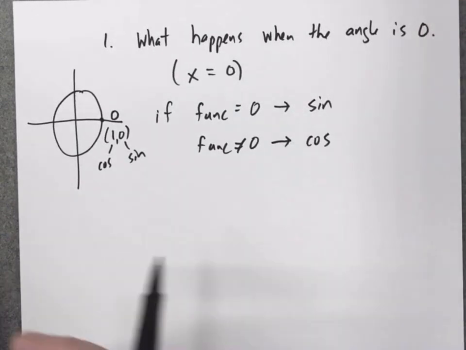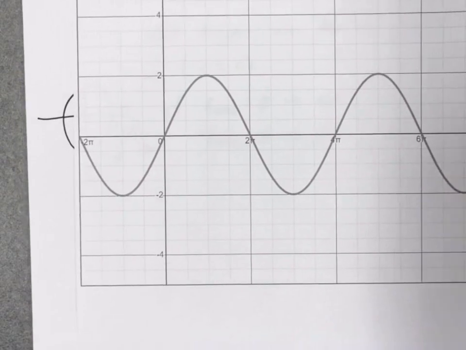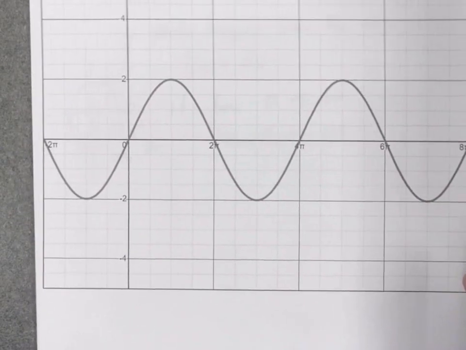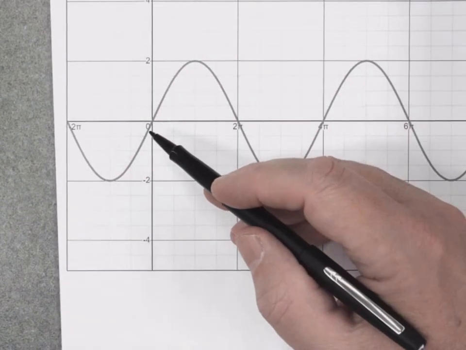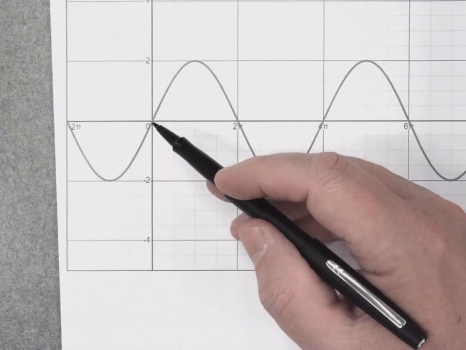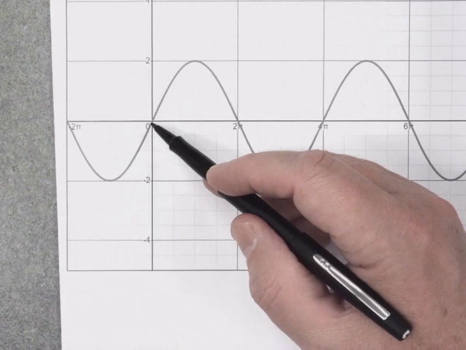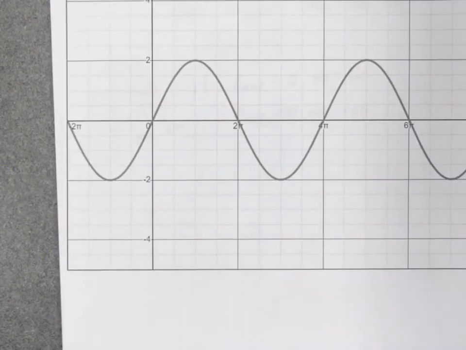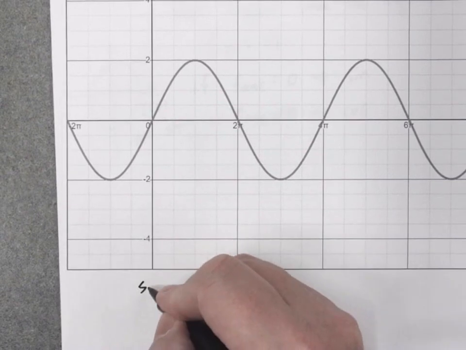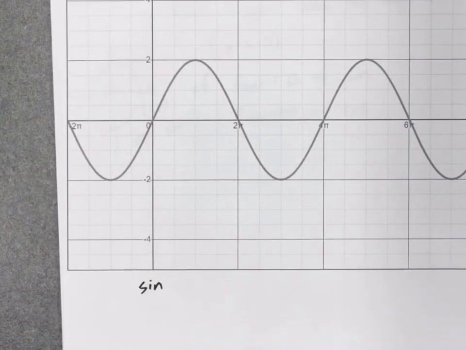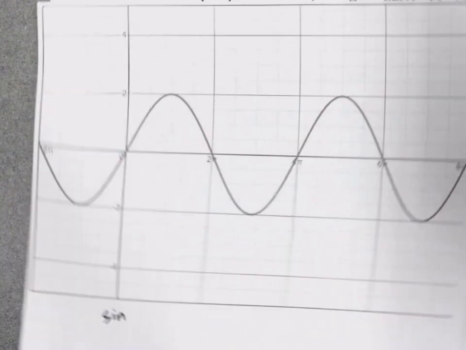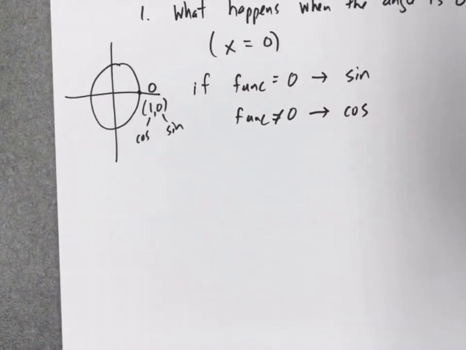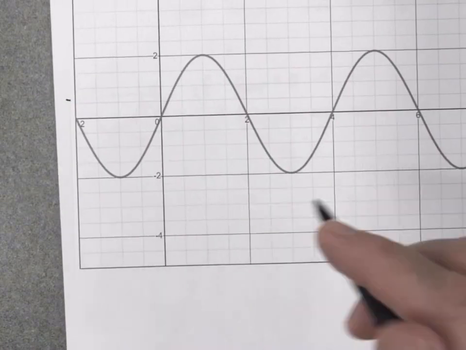For example, I look at this graph. All I'm looking at is what's going on when the angle is 0. Since my graph is 0 when the angle is 0, I know this has to be a sine wave. Matter of fact, I'll quickly take each of these graphs, and all I'm doing is looking at what is happening when the angle is 0.